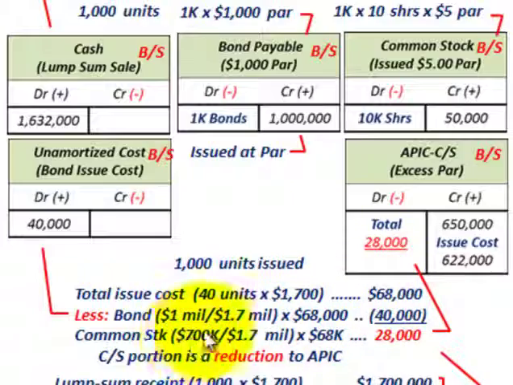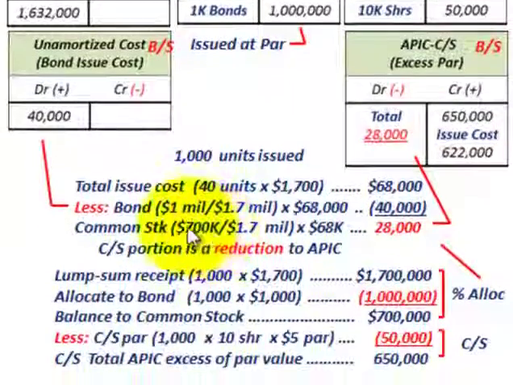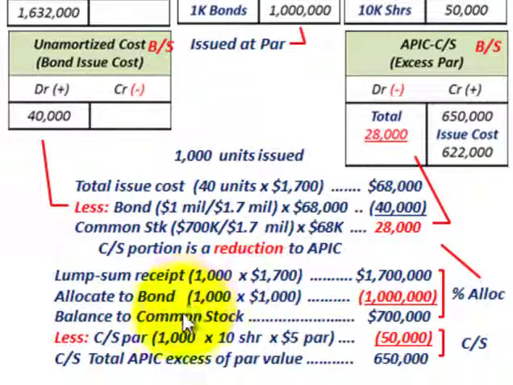Then for your common stock, the total amount allocated to common stock was $700,000 divided by the total lump sum receipts of $1,700,000. That gives you the amount you're allocating to your common stock for your issue costs. The big thing is to look at those issue costs and how you allocate your total additional paid-in capital for your common stock.